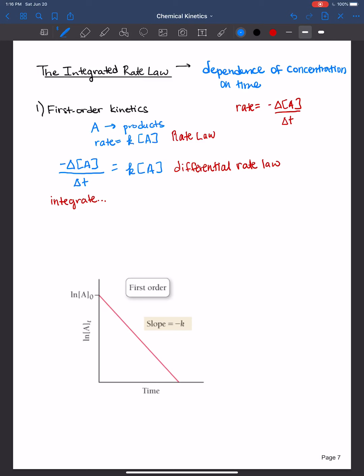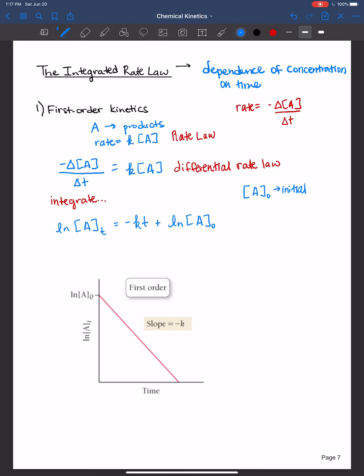What we get from here is the natural log of the concentration of A at a specific point in time, so t for time, is equal to negative k, the rate constant, times t, plus the natural log of the concentration of A initially, at time equal to 0. I just wanted to reiterate that when you see that little 0 down there, it just stands for the initial concentration.